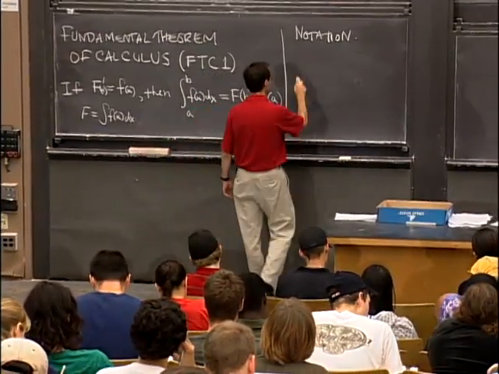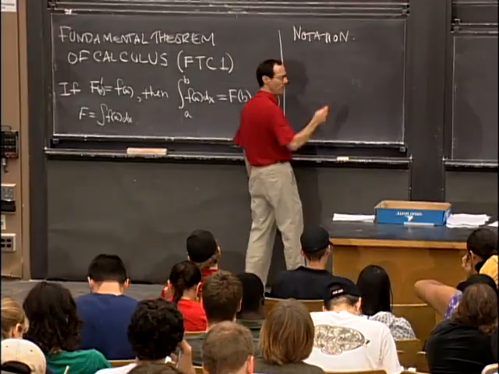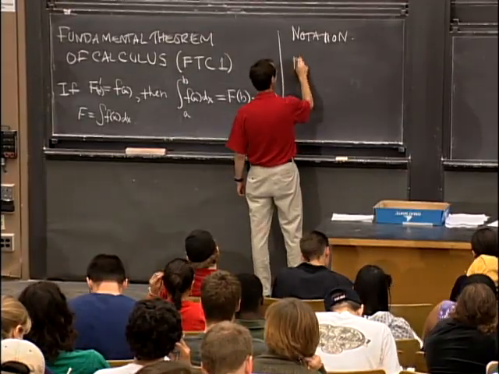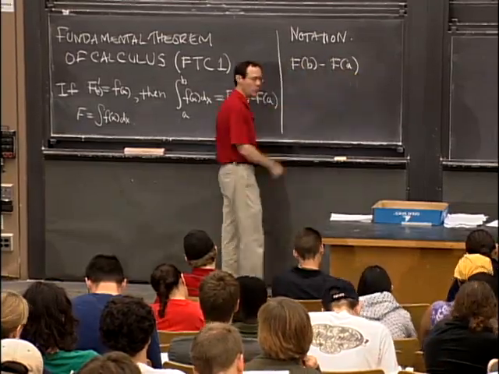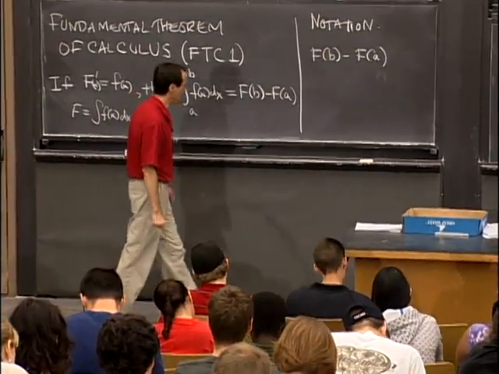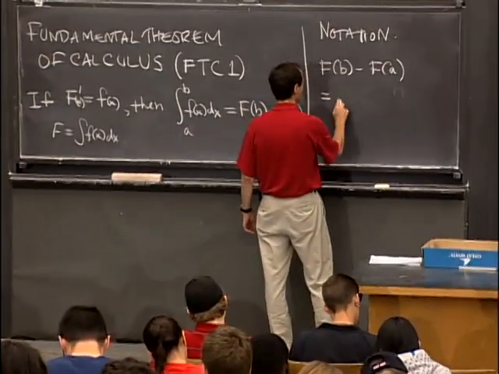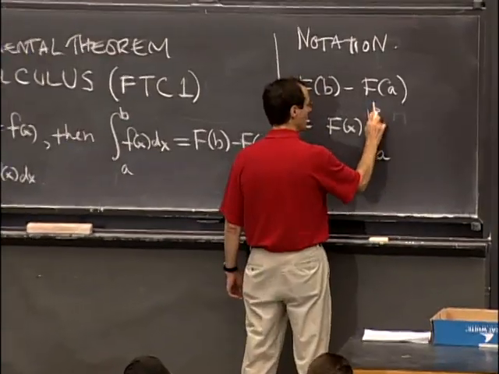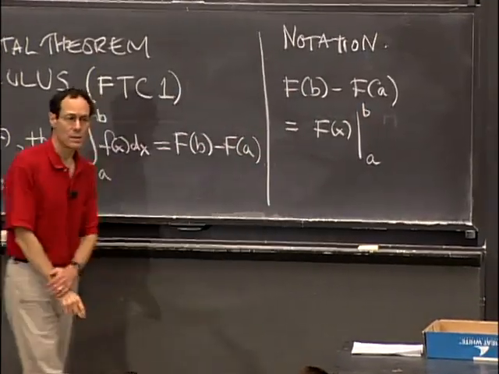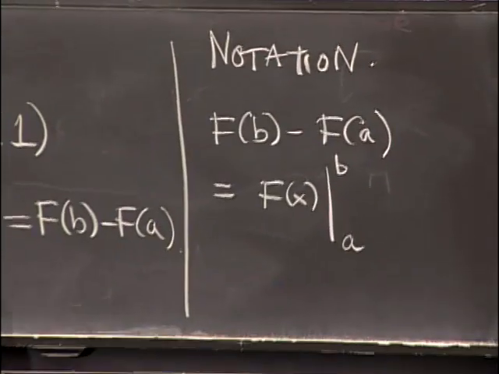So it's an abbreviation. For right now, there will be a lot of Fs, but anyway. So here's the abbreviation. Whenever I have a difference between a function at two values, I also can write this as F of x with an a down here and a b up there. So that's the notation that we use.